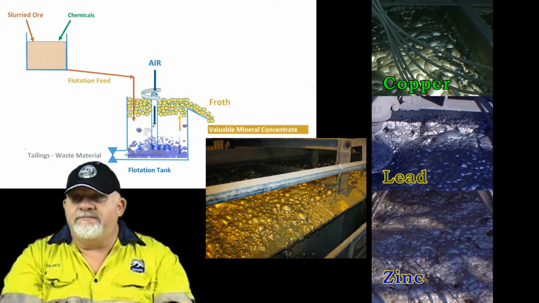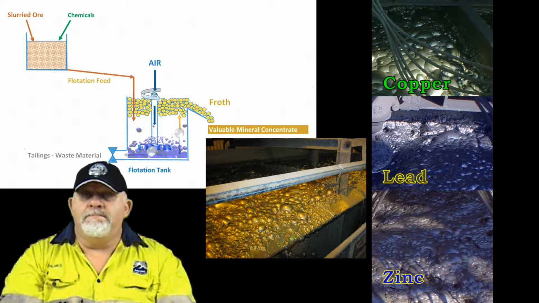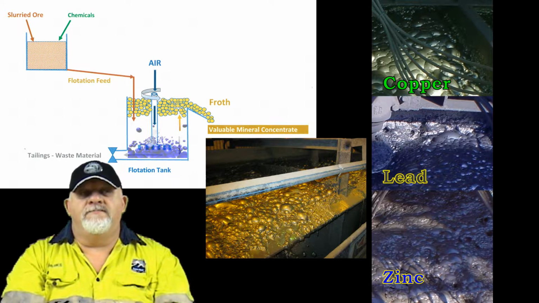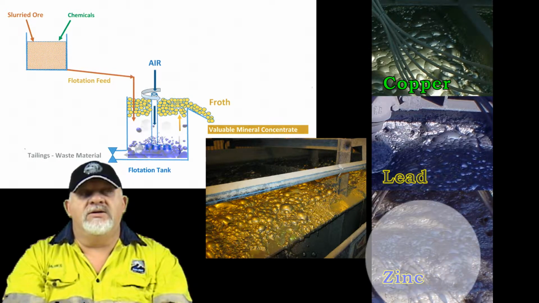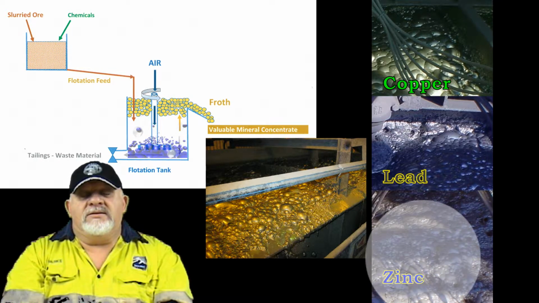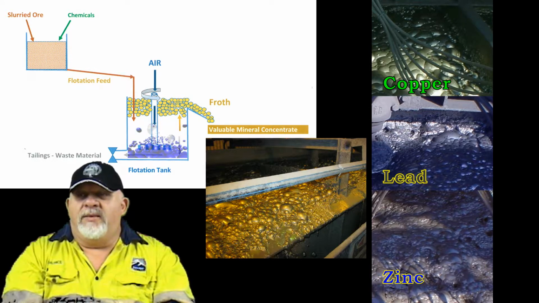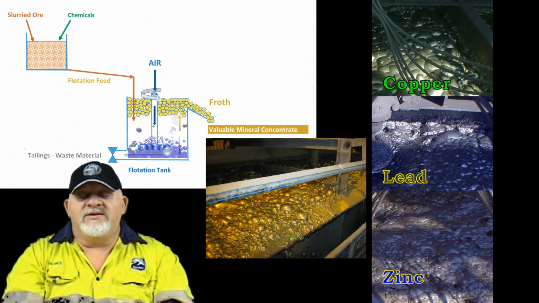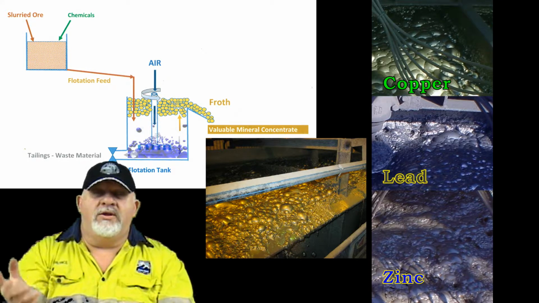From the lead circuit, then the tailings from that, it's a little bit different when we go into zinc. That feeds the zinc circuit. There are no specific chemicals that will make zinc particles hydrophobic. So what's done is a bit, I call it a sleight of hand.